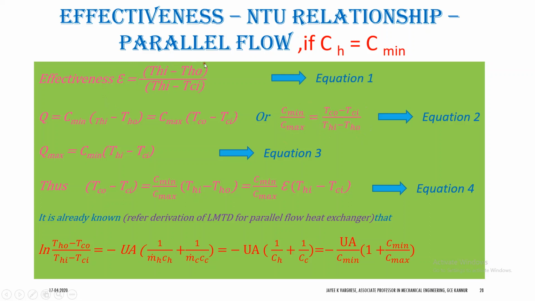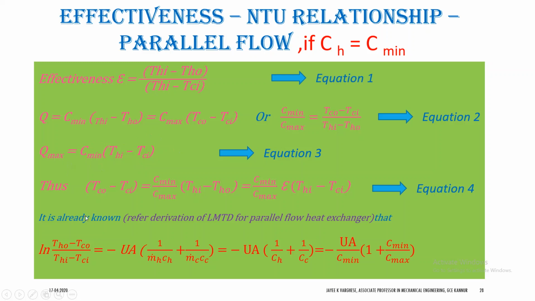These relations will be used later during the course of derivation of the relation connecting effectiveness and NTU. So please keep these things in mind. So Qmax is equal to C min into THI minus TCI. This is also required, Qmax.